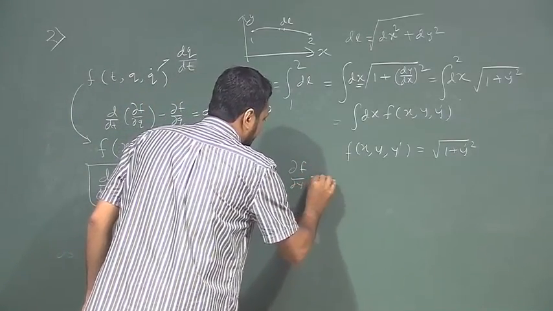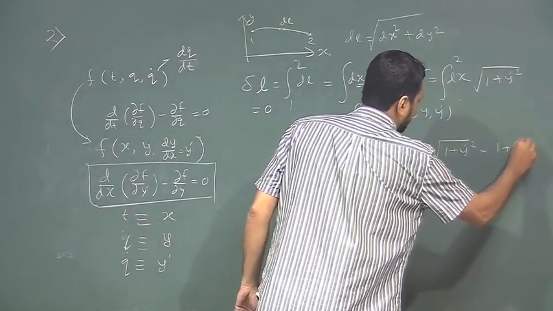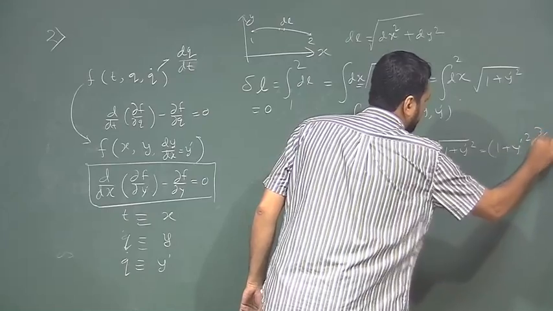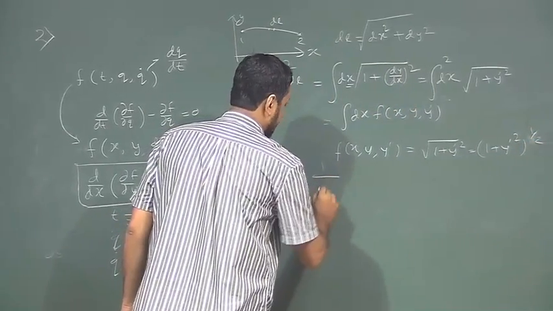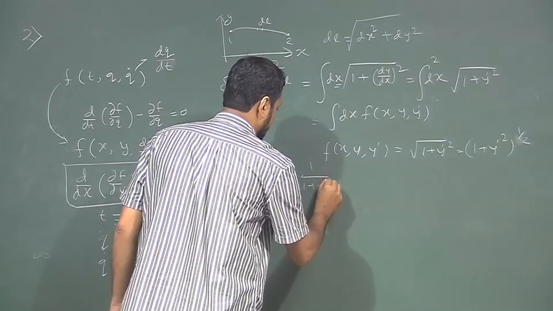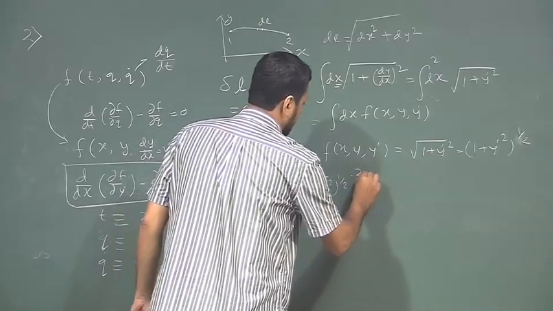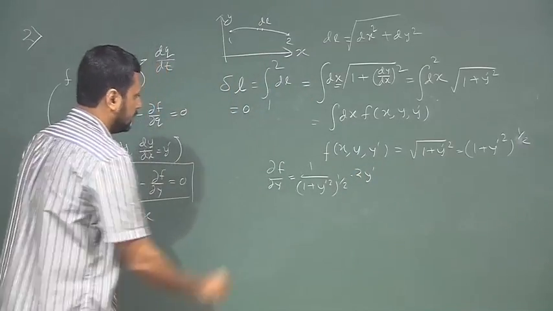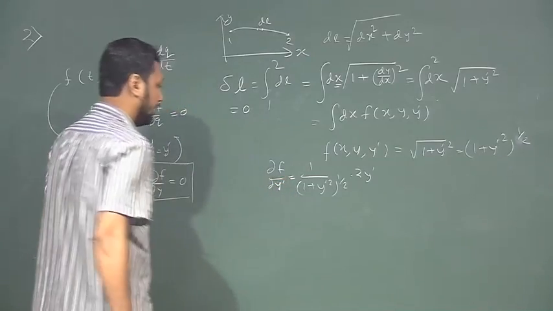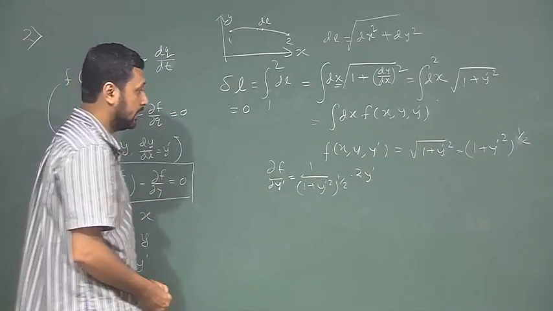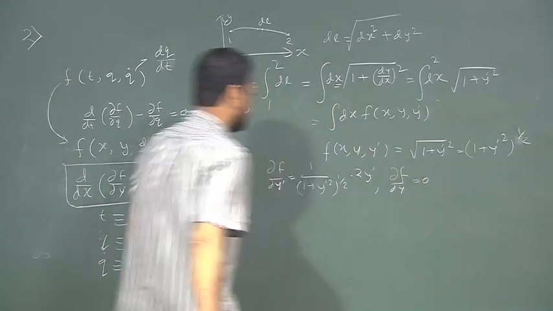Del f del y prime will be equal to, so it will be 1 plus y dash square to the power half. So, it will be 1 by 1 plus y dash square to the power half times 2 y dashed, right. So, this is del f del y prime, and del f del y is equal to 0.